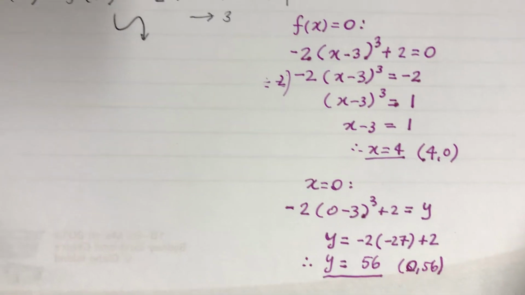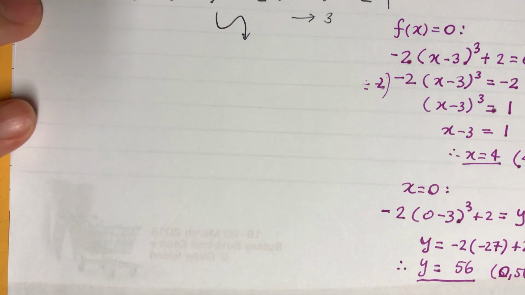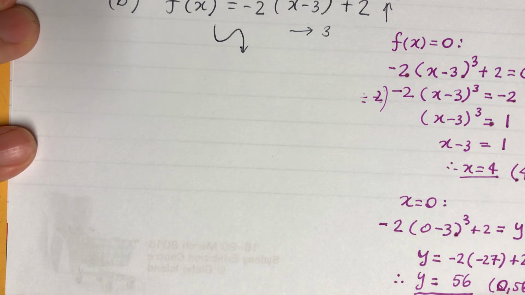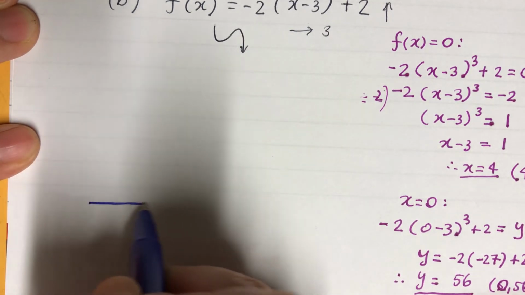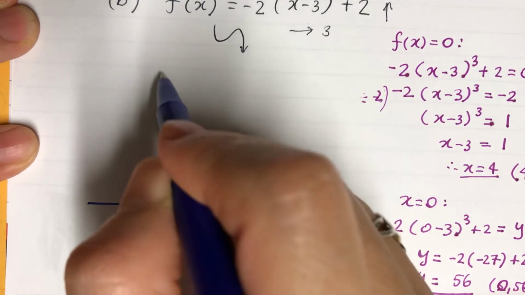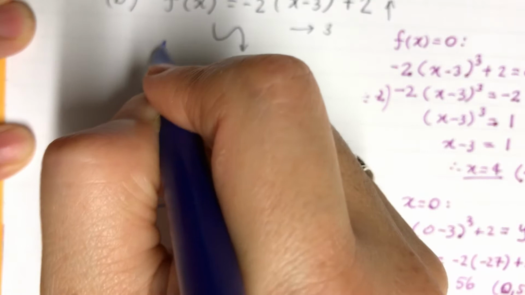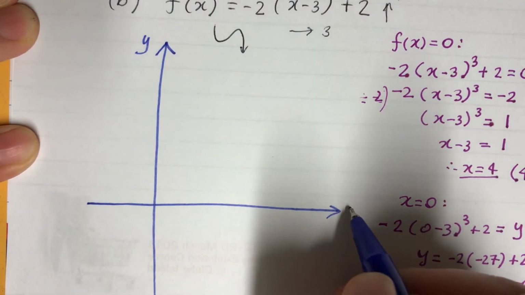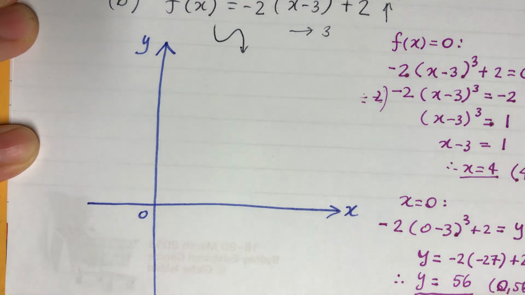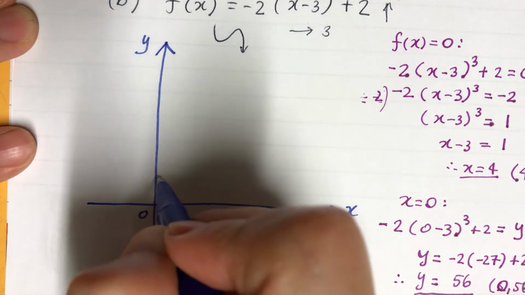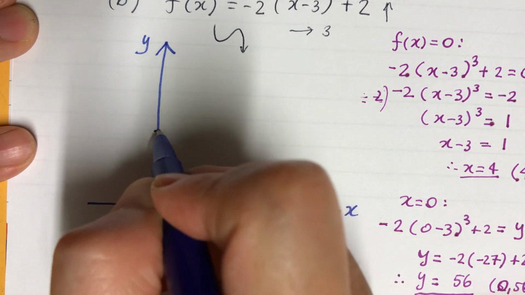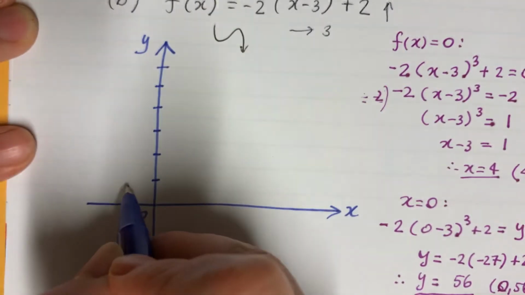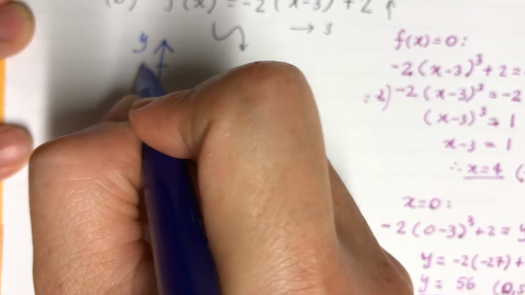Okay, so now I'm going to make a little bit more room here, and I'm going to sketch this. Again, I'm doing it very roughly. You need to do it using a ruler and a little bit of a scale. I wouldn't really worry too much about scale on this part because it goes up to 56. Maybe if it's a scale, I would say go up by 10: 10, 20, all the way to 60.